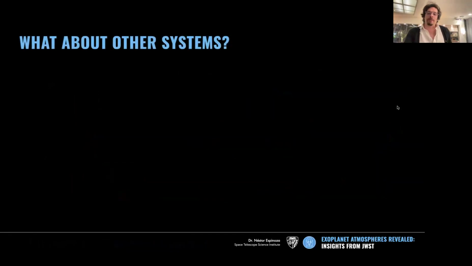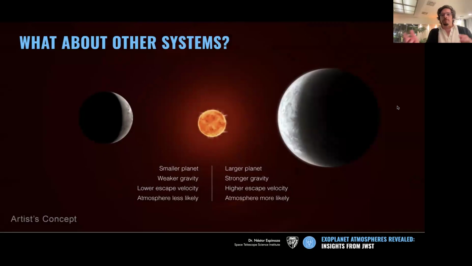Now, what about other systems? I've told you about one system I'm obsessed with, but there are other planets out there too. And the big question to explore other rocky worlds out there is how do you pick the targets? There's an idea behind that. Do you remember the question that we had: which planets retain their atmospheres? And there are 2 sides of that coin.